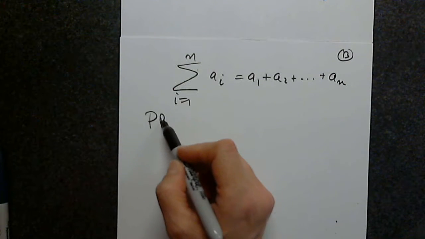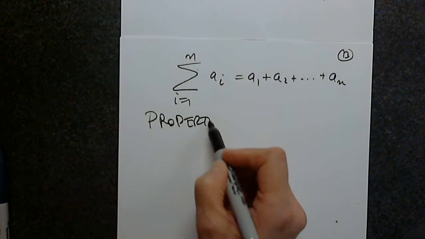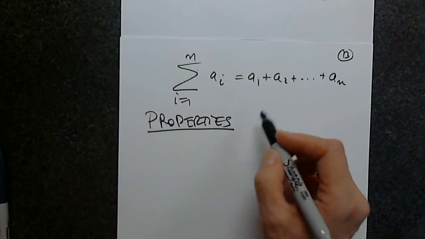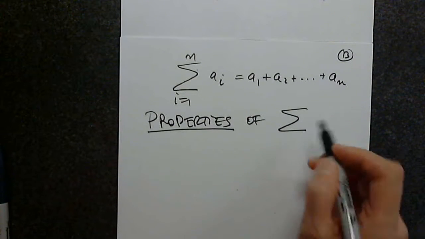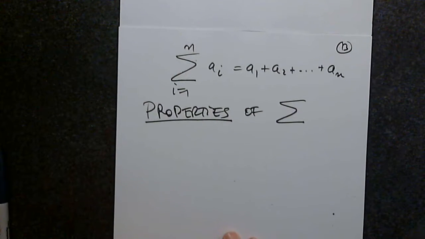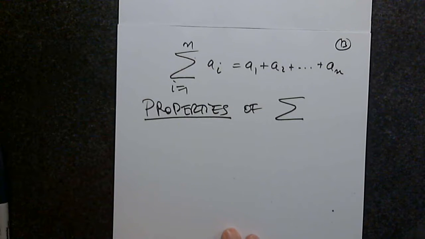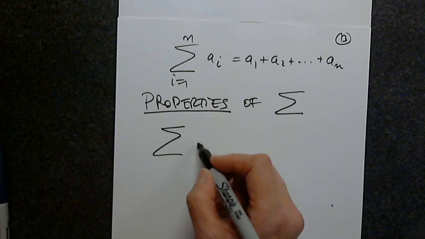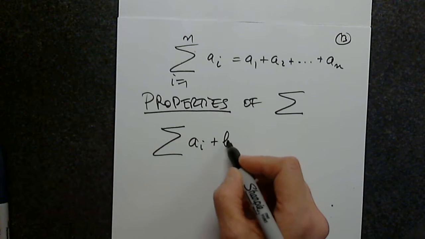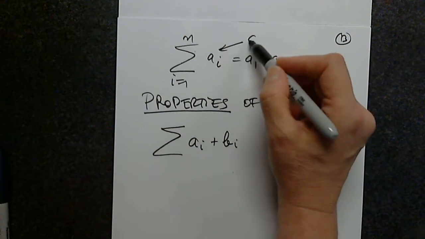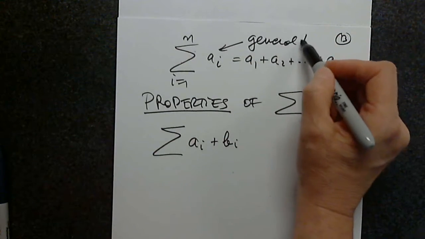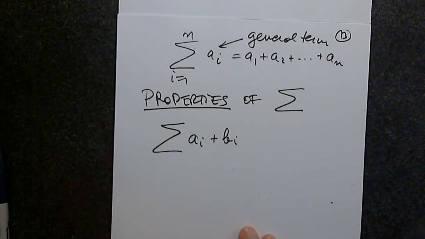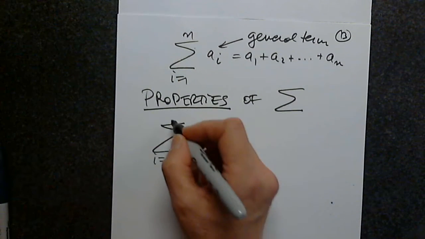So there are several properties of the sigma notation which we will be using. Very easy to understand, very easy to remember. So let's say we have the sum of two general terms, from i equals 1 through n.